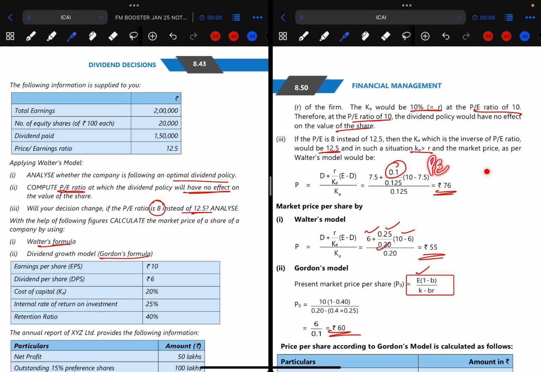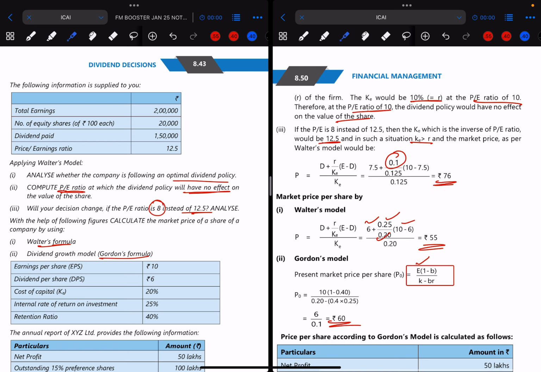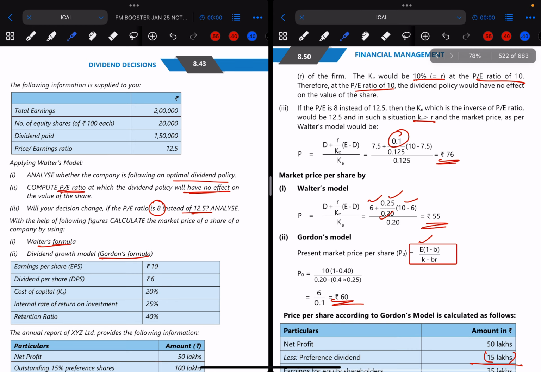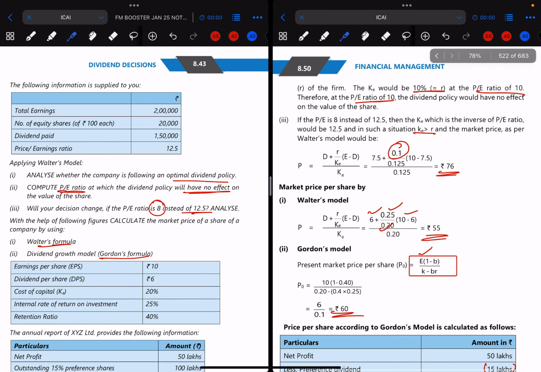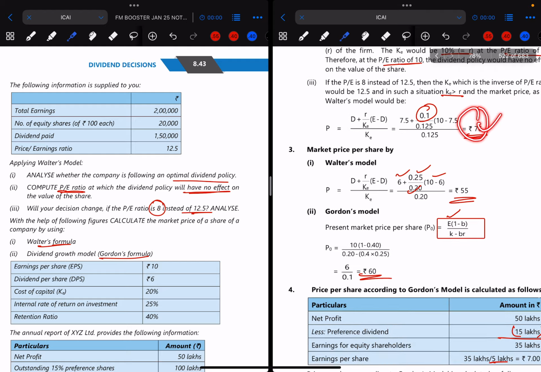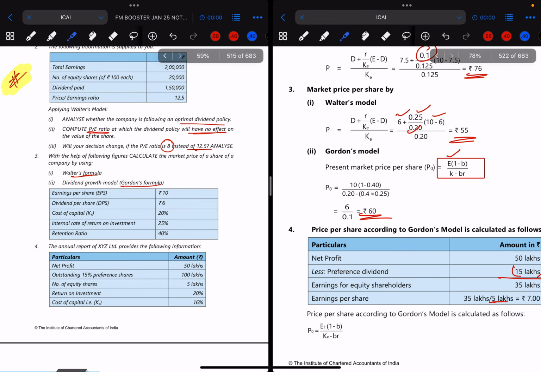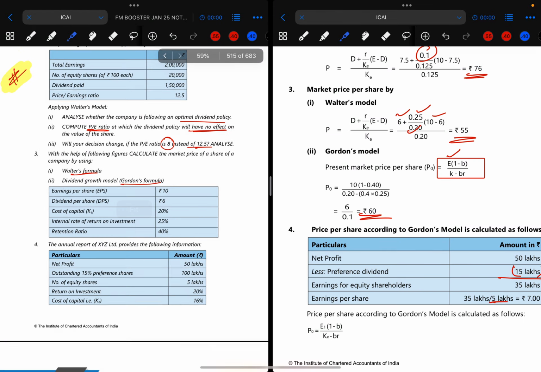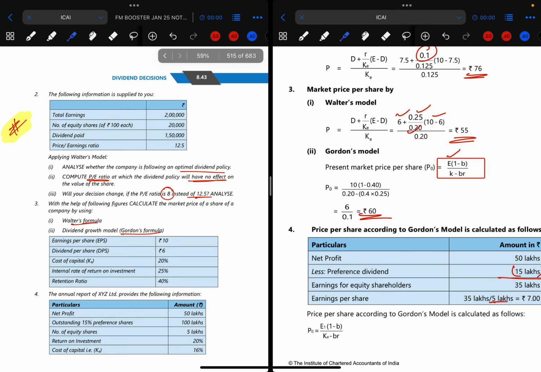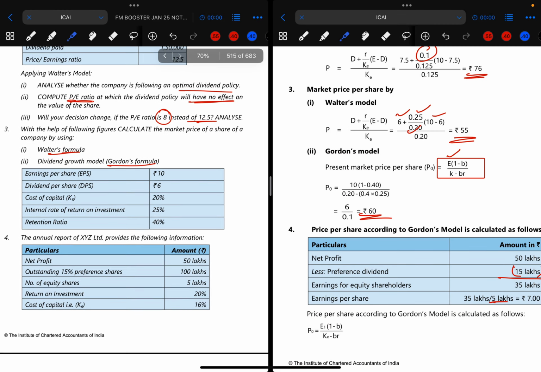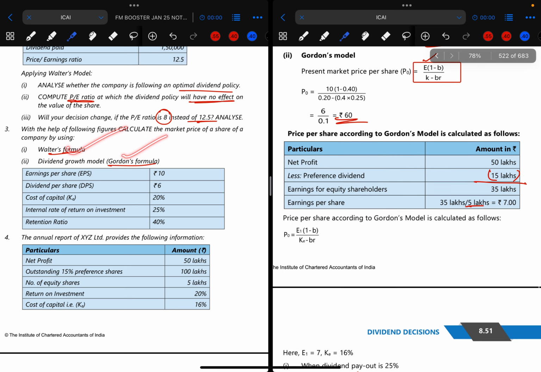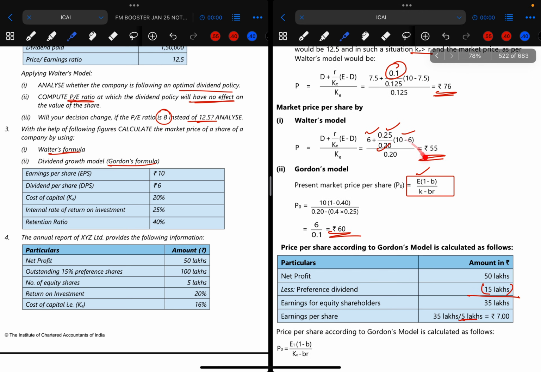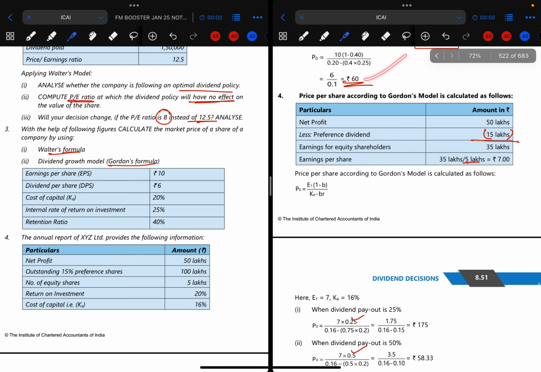P/E is 8, then K is 12.5. If P/E is 8, the relationship will give it. I just put it in the answer and find it, bro. I know this is kind of complicated, but remember this one, so I've put a star mark here. This one, go by Walter and Gordon model, and just put the formulas here, bro. Simple. There is nothing more to study in this.